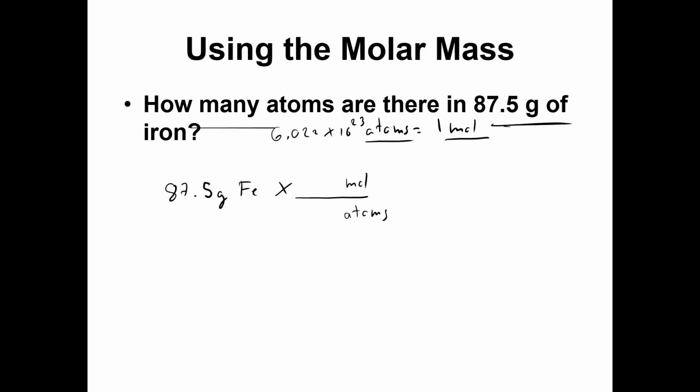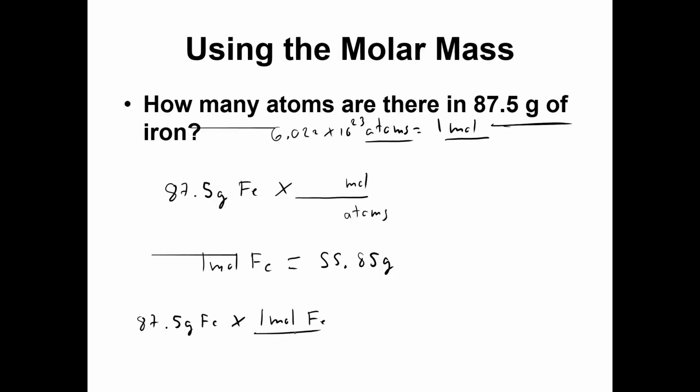So I got to go from grams to moles. And there, of course, we have the molecular weight. And we know that 1 mole of iron from the periodic table is equal to 55.85 grams. So I take the 87.5 grams of iron and multiply by 1 mole of iron divided by 55.85 grams of iron.